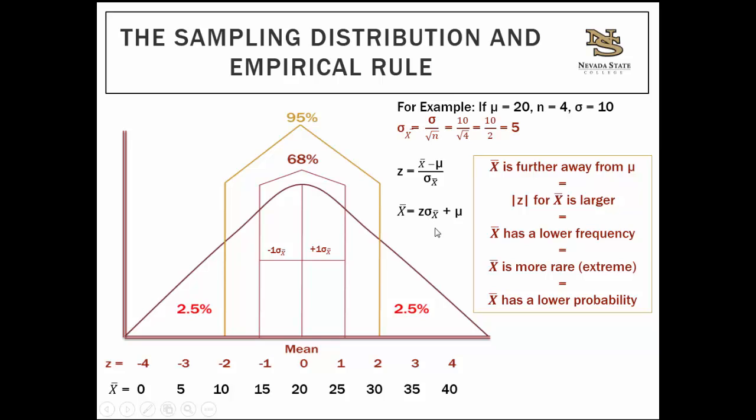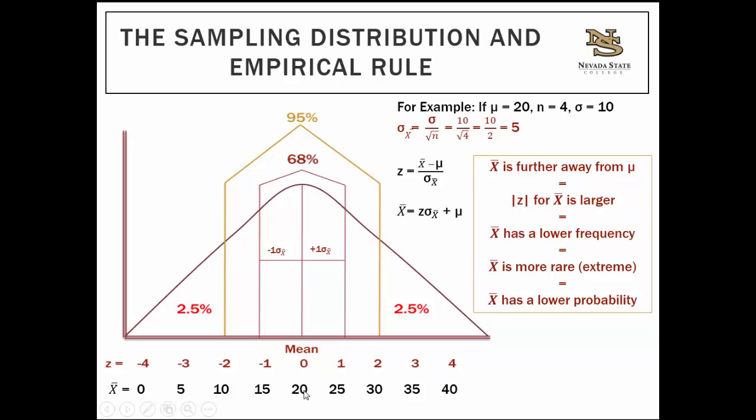So another thing, just like the example that we looked at for the empirical rule in the other lecture looking at z-scores, where we were concentrating on just scores and not means, as your sample mean gets further away from the population mean, the absolute value of the z-score gets larger, right? Because it's more standard errors away from the population mean.